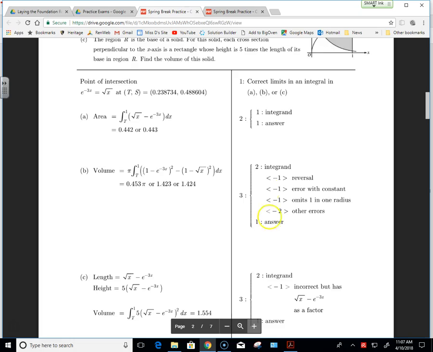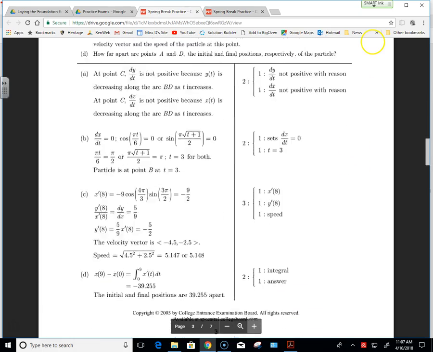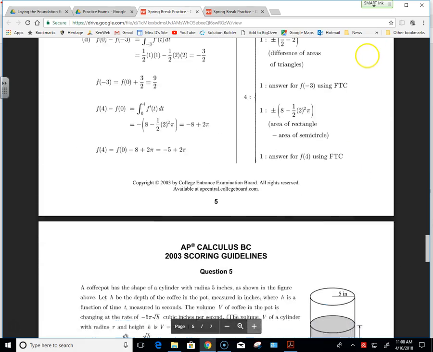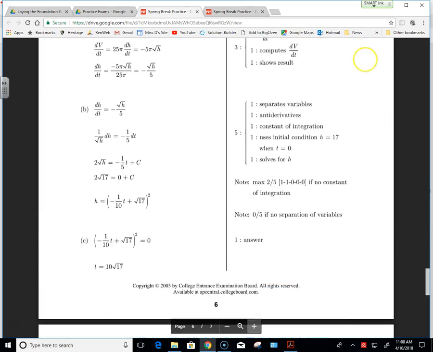them all the points. Or, did you guys have the separable differential equation one? Solving? Yeah, it's number 4. It's nice, except if you didn't show separation of variables, you weren't allowed to get any points. Or if you separated wrong.